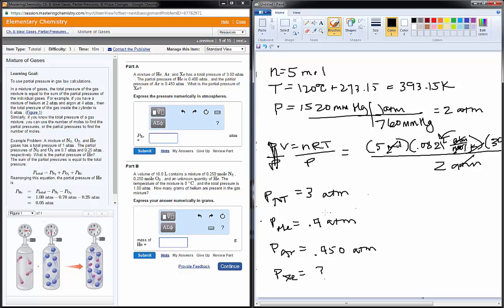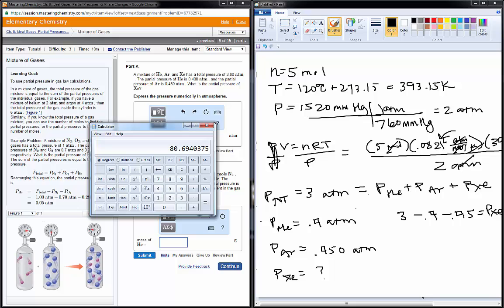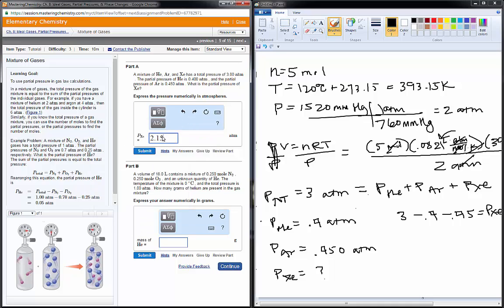Well, since the total pressure equals the sum of these, I could solve for the pressure of the xenon by subtracting these out, and we see that 3 minus 0.4 minus 0.45 is going to equal pressure of the xenon. 2.15. Your numbers might be different than mine, remember.